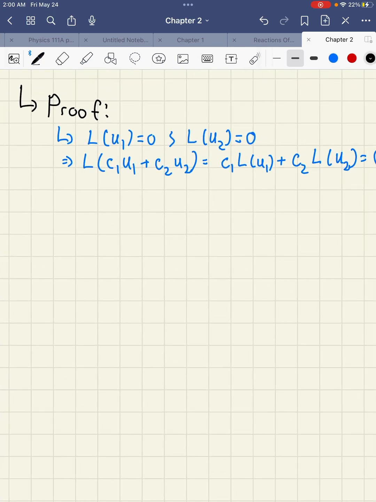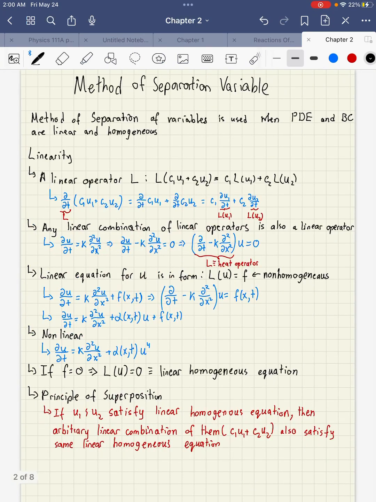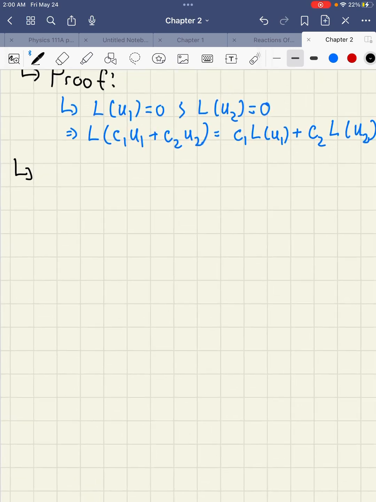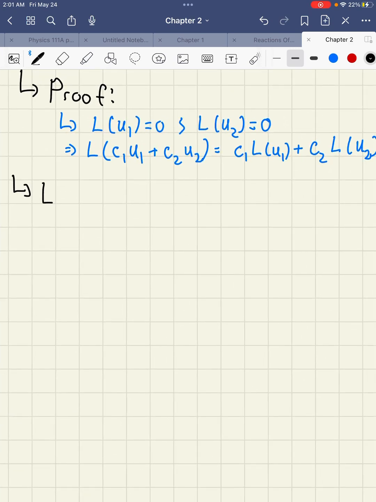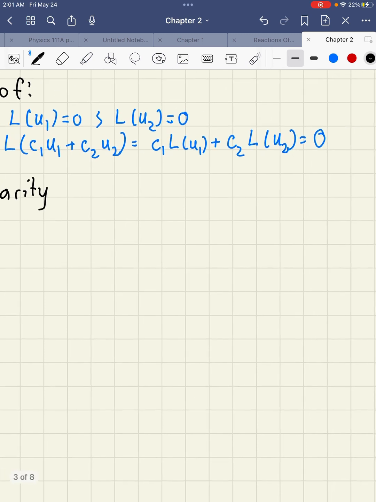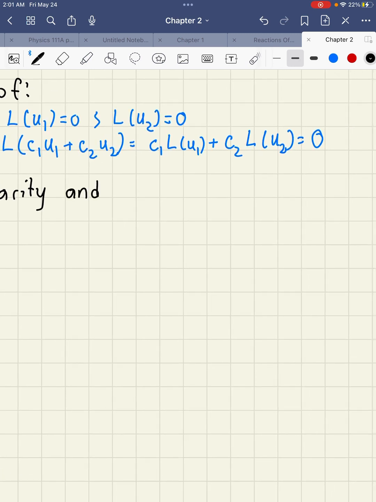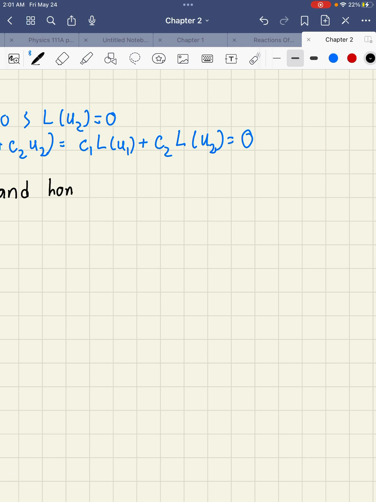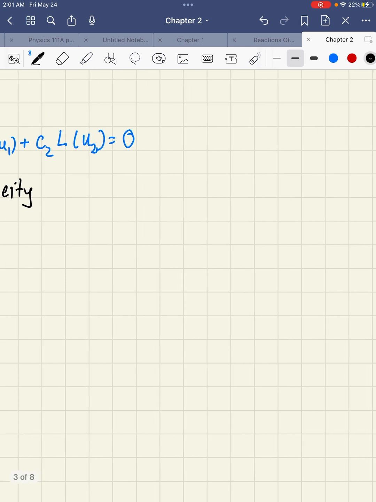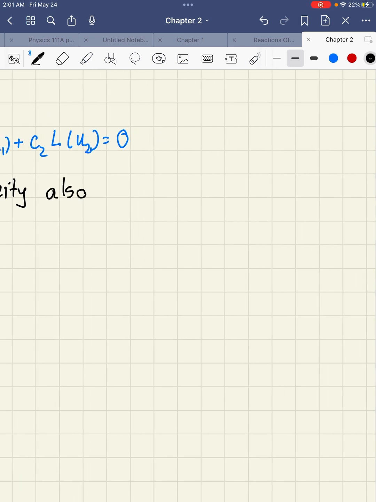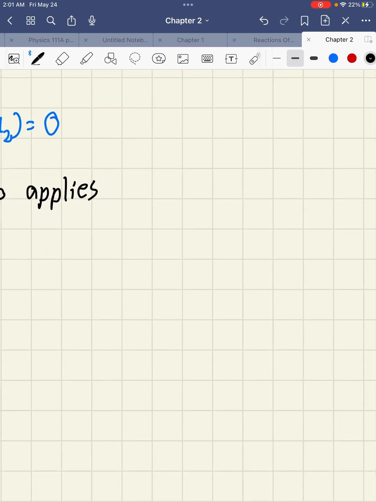Okay. One more thing: since we talked about linearity and homogeneity just applied to our PDEs, we also have to consider that linearity and homogeneity also apply to the boundary conditions.